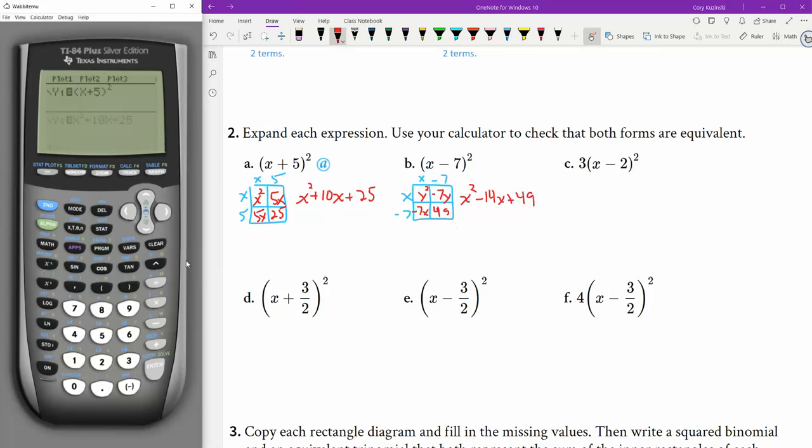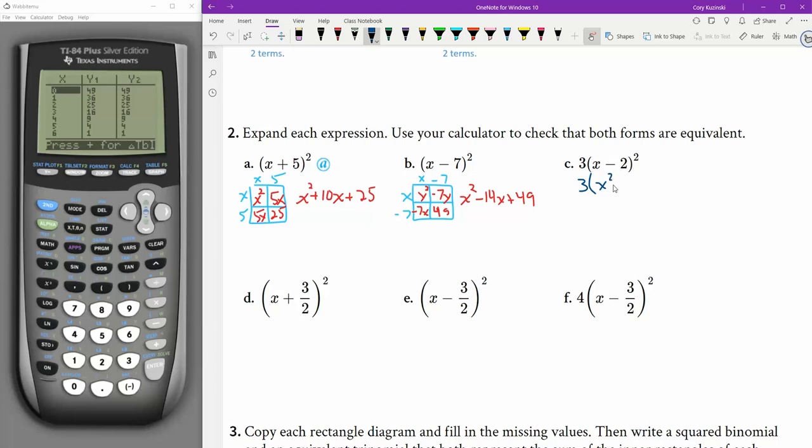Let's check that. Minus 7 here, minus 14x plus 49. Check our tables. They are the same. Okay. Let's start taking some shortcuts here.